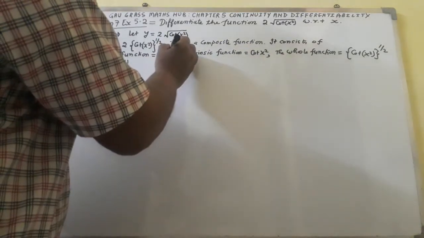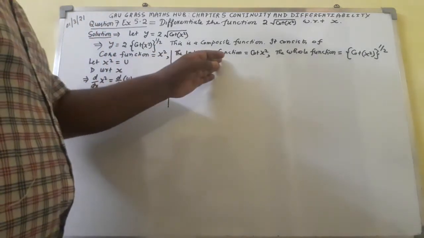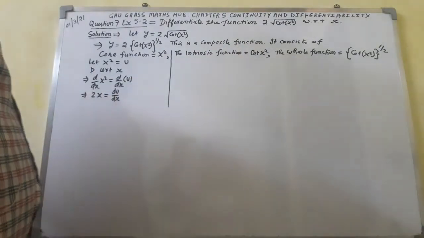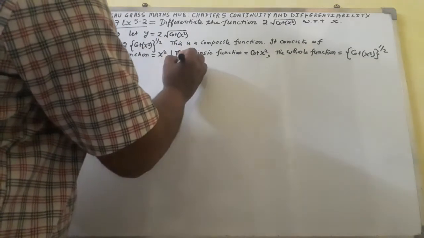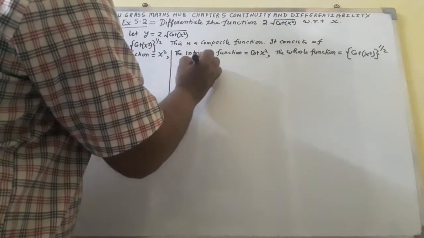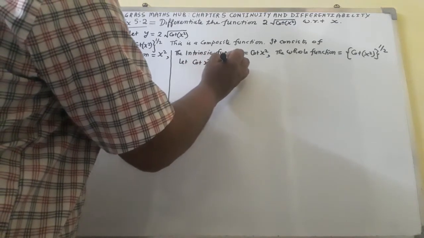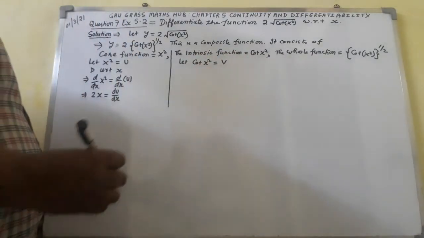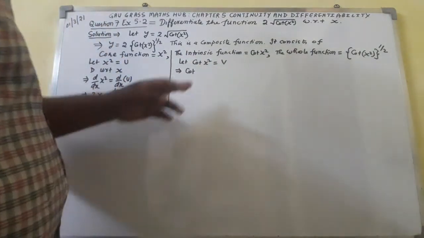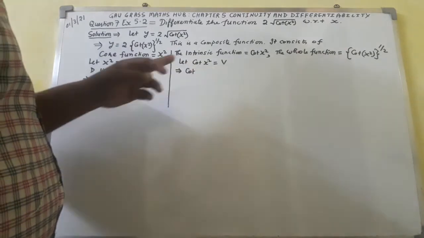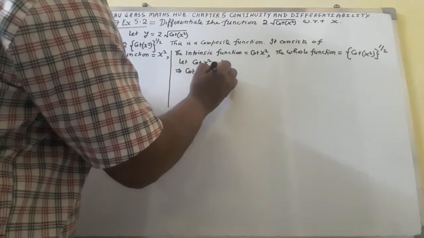Now I shall take the intrinsic function cot x square. So here I shall write, let cot x square equal to v. This implies that in place of x square I shall write u: cot u equal to v.